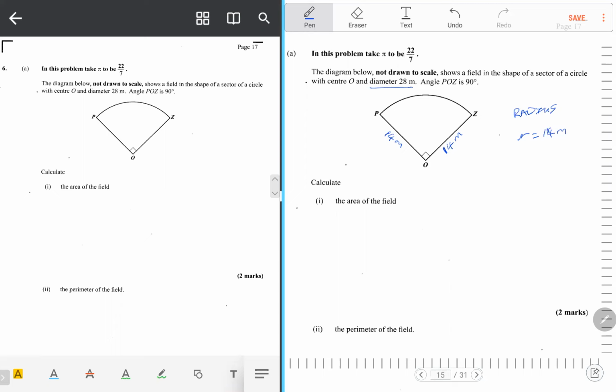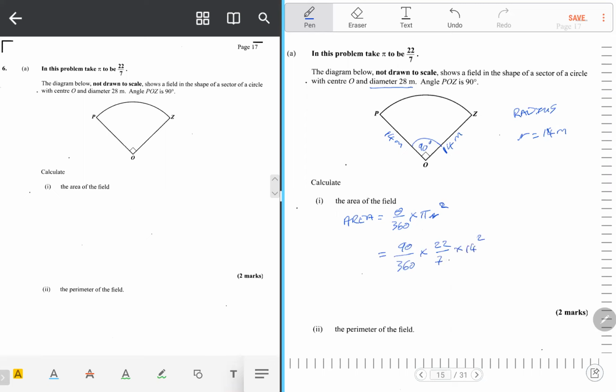Calculate the area of the field. The area of the field is the area of the sector. Remember this angle inside is 90 degrees. It's the area of a sector formula we're using. Area is theta over 360 times the area of the circle, which is pi r squared: a fraction of the area of the circle. So that becomes 90 over 360 times pi, which is 22 over 7, times the radius, 14 squared.